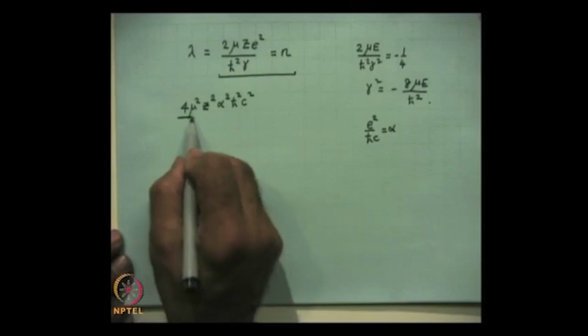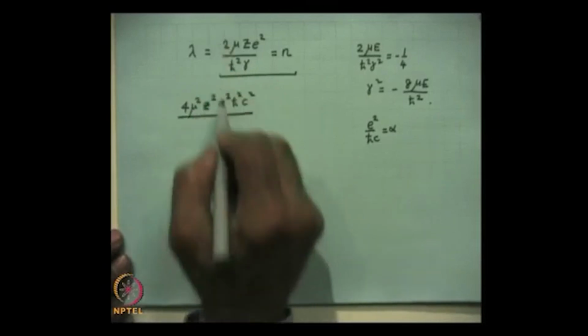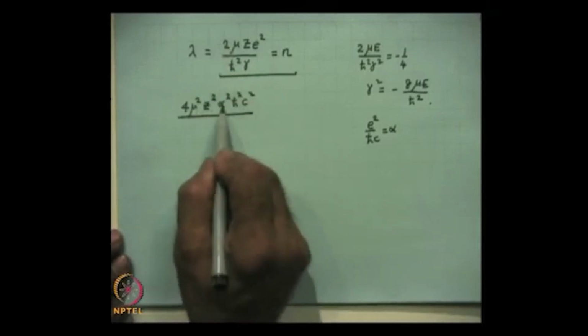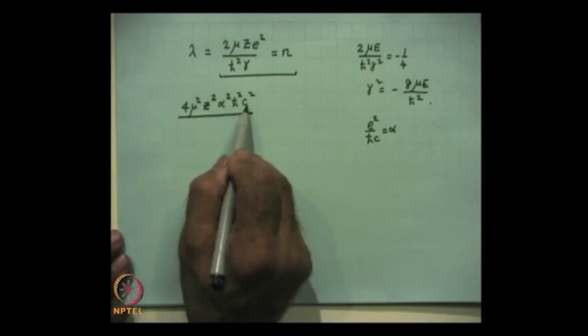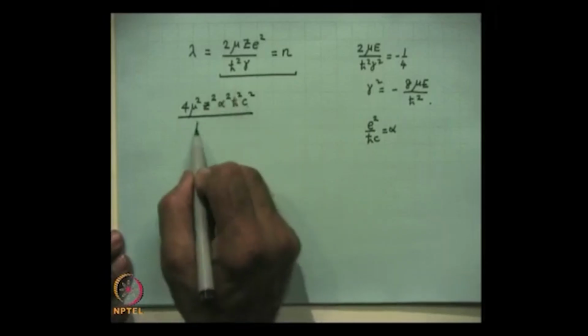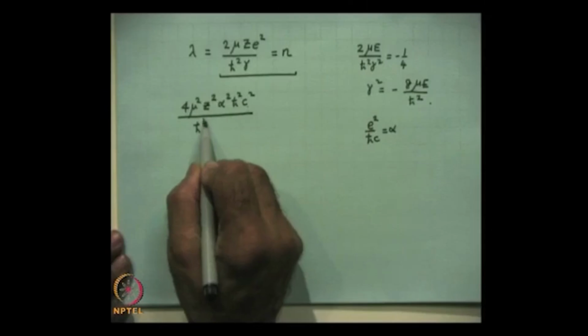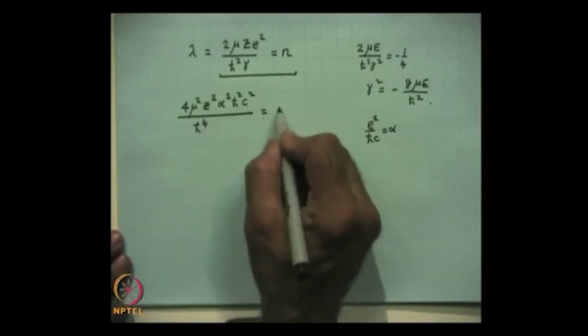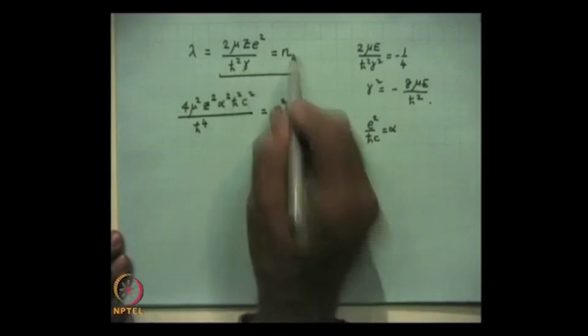I have squared this. So, 4 mu square Z square alpha square h cross square c square divided by h cross to the power of 4 is equal to n square gamma square.